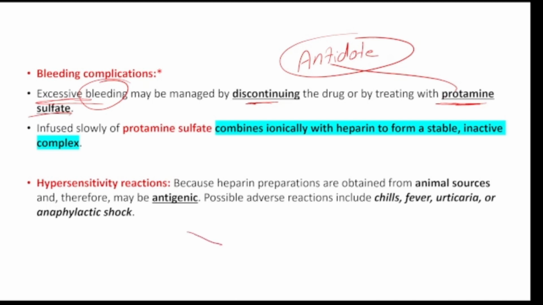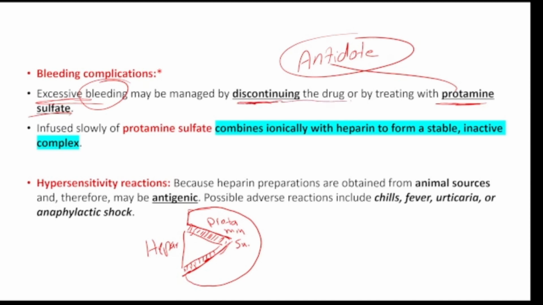If this is a heparin here, for example, our medication, protamine sulfate, binds to the heparin and inactivates it. So if the patient suffers from excessive bleeding, this could be managed by discontinuing the medication and prescribing protamine sulfate. This is IV and prescribed to your patient to prevent bleeding.